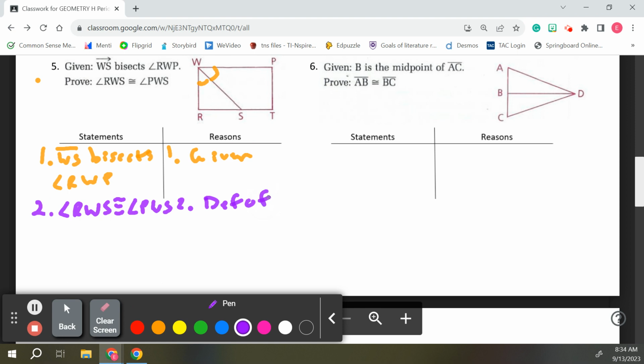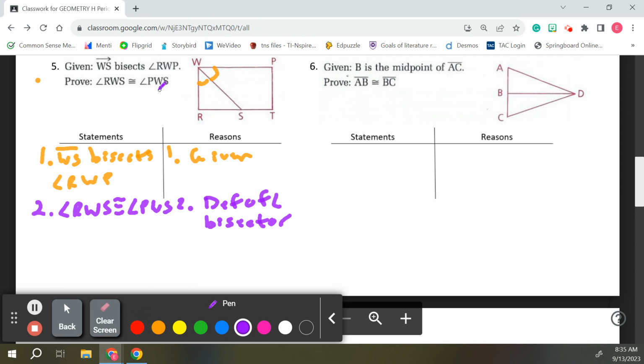Definition of an angle bisector. That's it. Proven. Wait, are you mixing up the letters there? It was RWP and now it's RWS. No. RWP is this big one right here. They give that to me. So I didn't mix anything up. Oh, okay. I see.